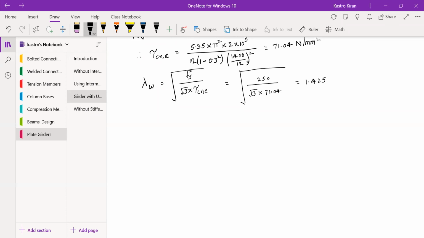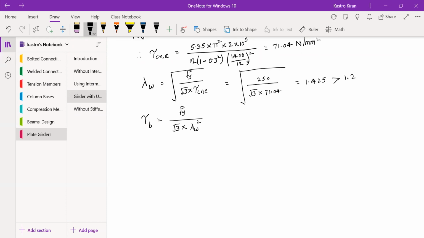And remember, the value of lambda W should be greater than 1.2. When the value of lambda W is greater than 1.2, the value of tau B is calculated by using the formula, that is Fy upon root 3 into lambda W square.